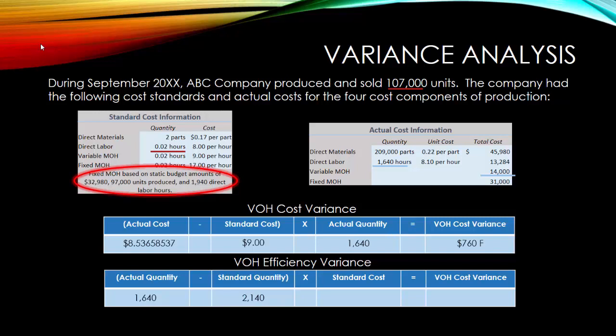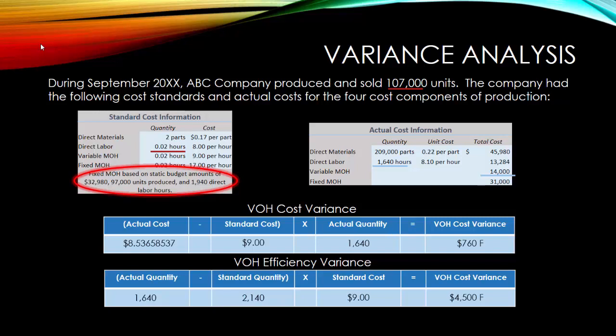Well, it's going to be the same thing for the standard quantity of our cost driver because direct labor is our cost driver. Let's multiply this by the standard cost that we had, and our standard cost, again, for variable manufacturing overhead was $9 per hour, and we get a $4,500 favorable cost variance. So what does this mean?